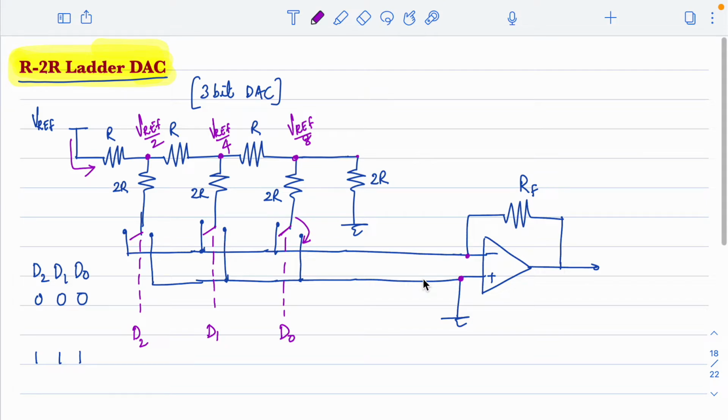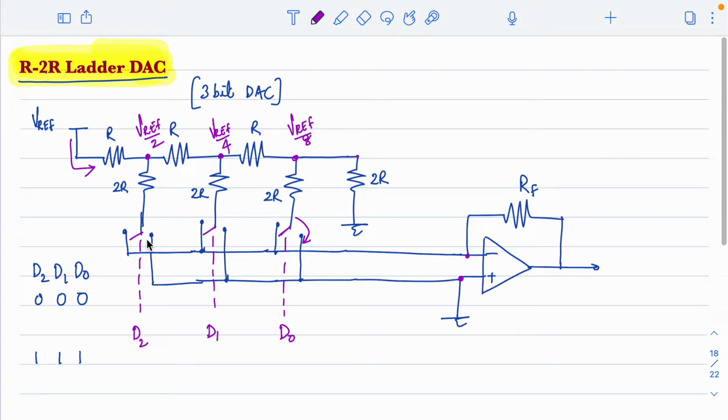That is the only difference. So the total current flowing from the reference voltage is constant, and since this is connected either to virtual ground or to ordinary ground, the potential at the bottom of every resistor can be considered as 0, right? This voltage can be considered as 0, because for virtual ground and ordinary ground, the only difference is voltage will be 0.